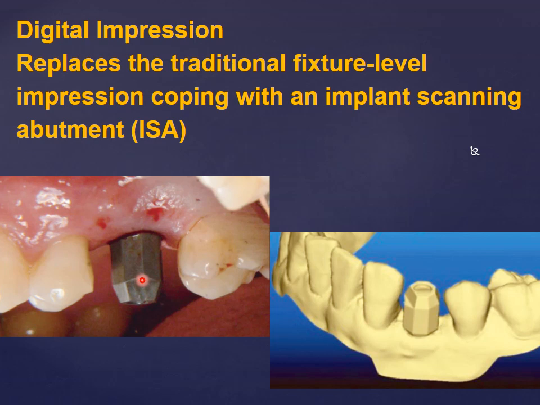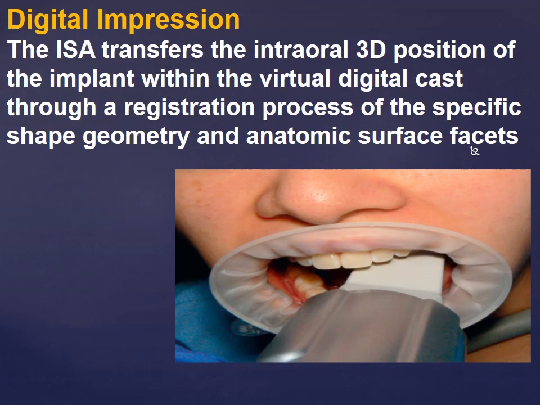This type of abutment can be read by the software. The implant scanning abutment transfers the intraoral 3D position of the implant within the virtual digital cast through a registration process of the specific shape, geometry, and anatomic surface facets.